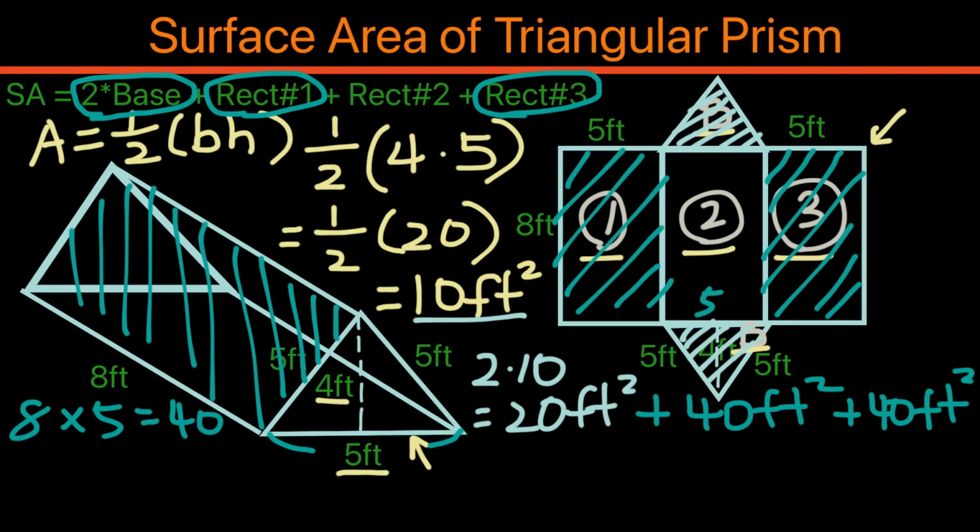So this is 5, and this is 8. So again, 5 times 8 is 40. So we will also add another 40 feet square here. And that takes care of rectangle number 2.